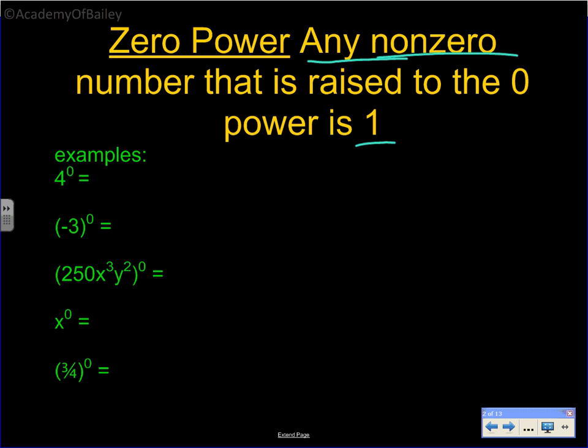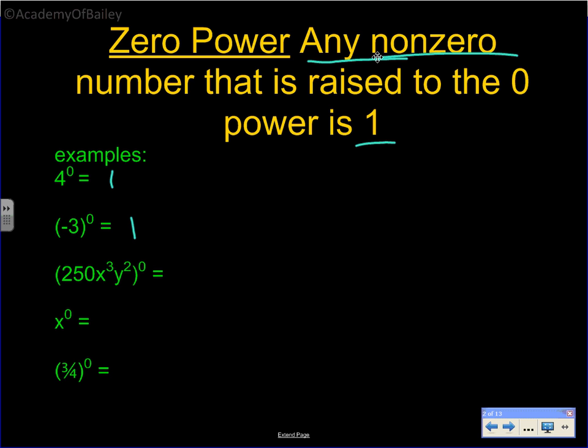So let's look here. 4 raised to the 0 power, that's 1. If you have negative 3 raised to the 0 power, that's also 1. Now what about this multiplication inside the parentheses? 250 times x cubed times y squared.